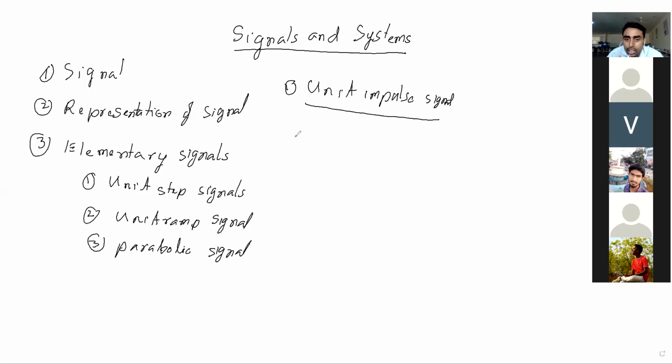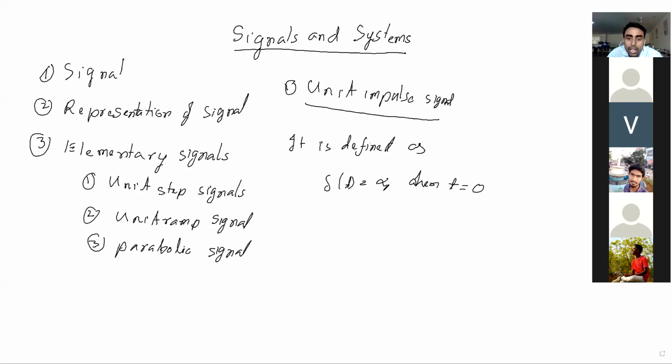It is like one spike in the x-axis or time domain. It is defined as del t equal to infinity when t equal to 0.